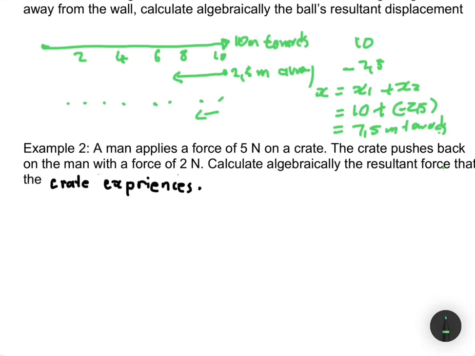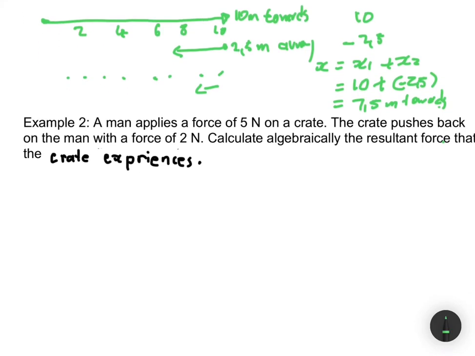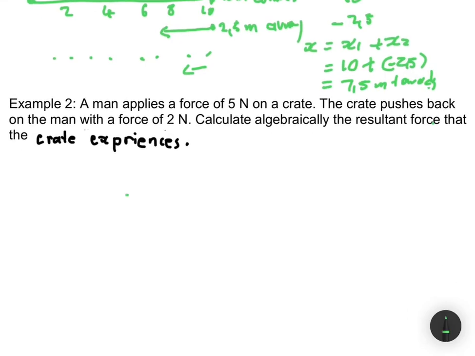A man applies a force of 5 newtons on a crate. The crate pushes back on the man with a force of 2 newtons. So let's calculate algebraically the resultant force that the crate experiences. A man pushes on a crate with a force of 5 newtons, so let's say this is 1, 2, 3, 4, 5.